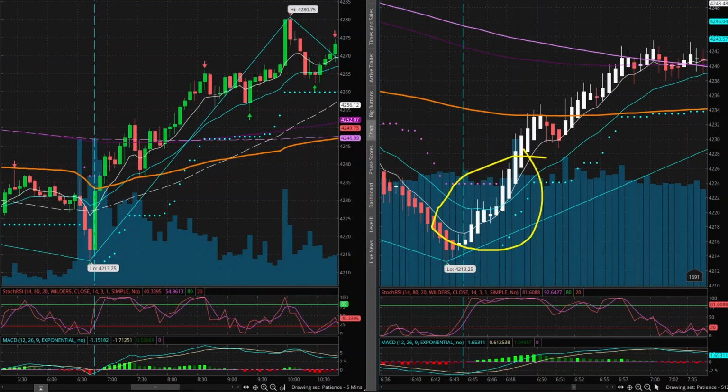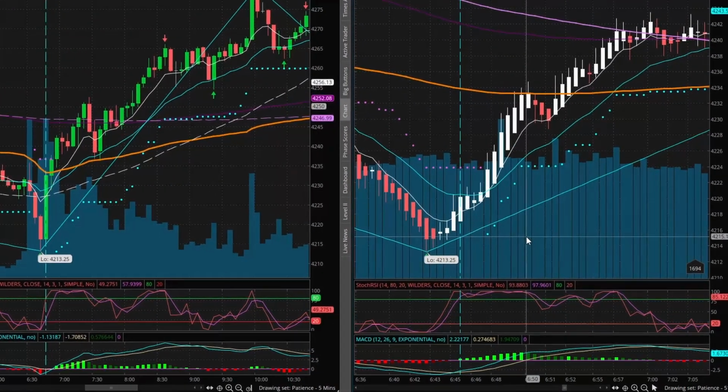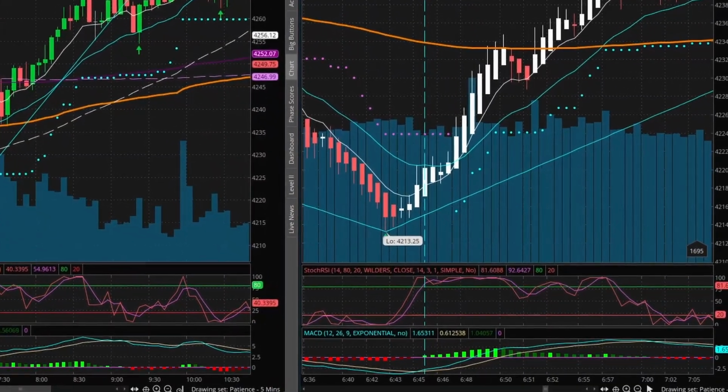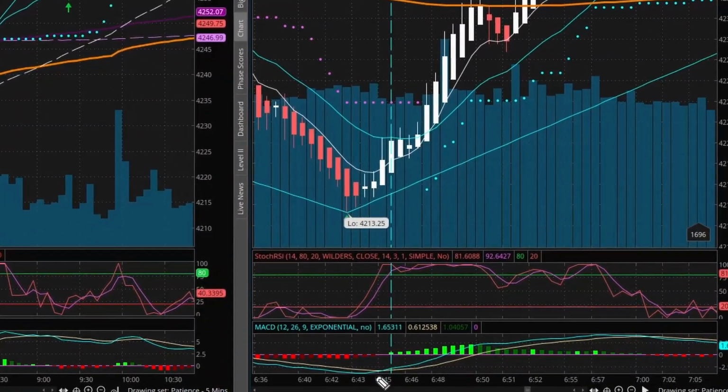And in reality, I think where I would have entered is, let me adjust this, probably right at this 645 candle. And the reason that I would have entered at that time is because you see here the MACD crossover. So the MACD crossover just occurred, so this is a bullish sign for me.